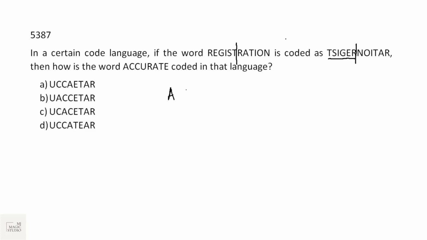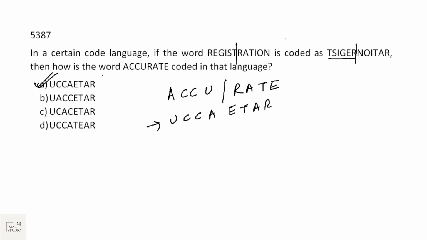Okay, at the midpoint, A-C-C-U, and then we have R-A-T-E. It will go like A-C-C-U, and then R-A-T-E. The code should be U-C-C-A-E-T-A-R. U-C-C-A-E-T-A-R is in option A. Reverse order. From the middle is the reverse way of writing all the alphabets.